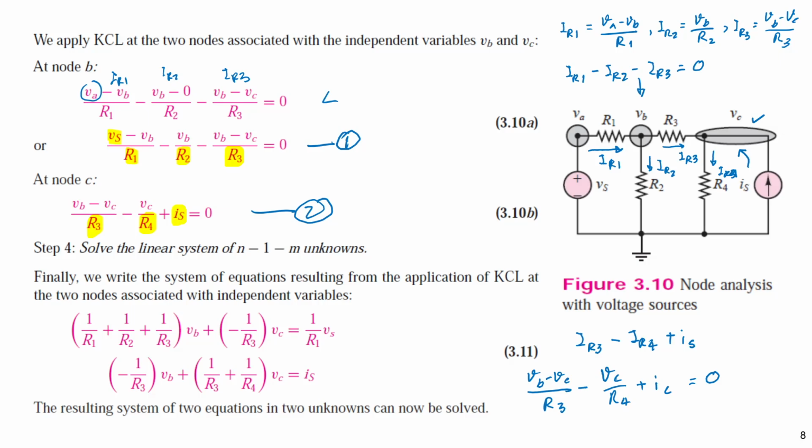Then we substitute the values of the known parameters. Solving the equations depends on your convenience. It's up to you, but just make it correct. You can use any method to solve two equations, two unknowns.